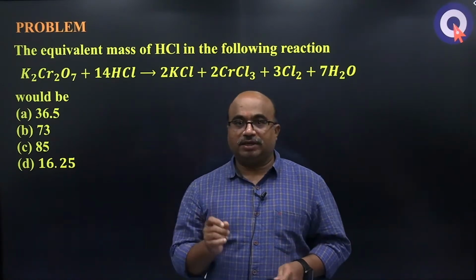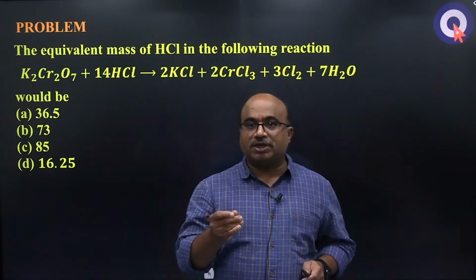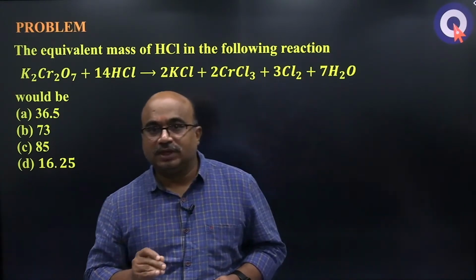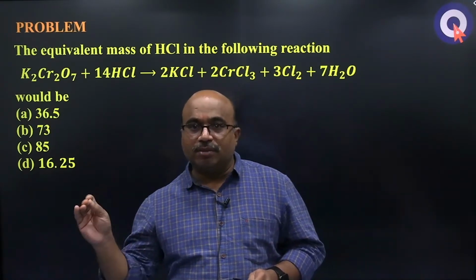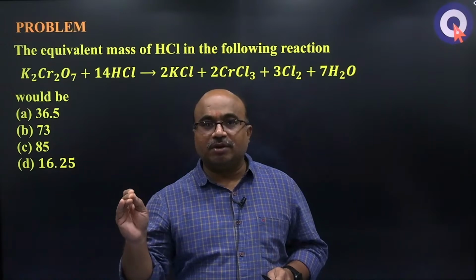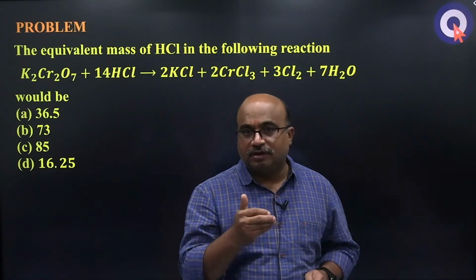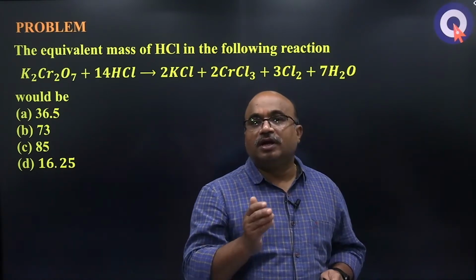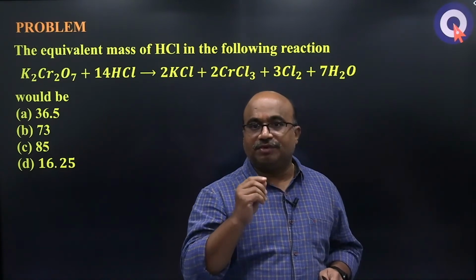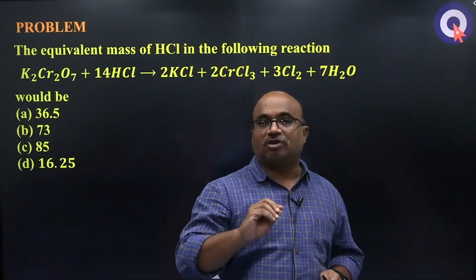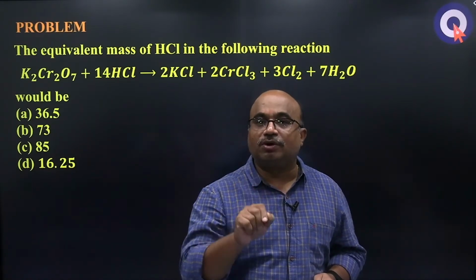So for every reaction, there is a certain reaction causing species. Suppose it is an acid base reaction. H plus will be given by the acid, OH minus will be given by the base. The amount of acid which gives one H plus ion immediately participates in the reaction.